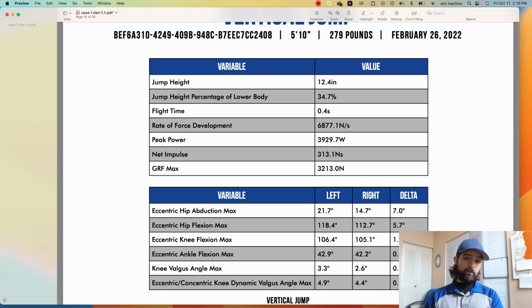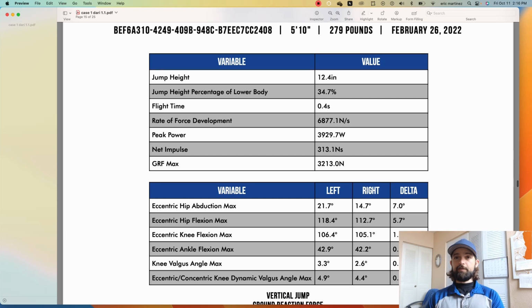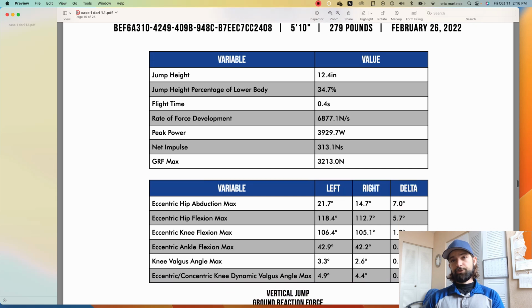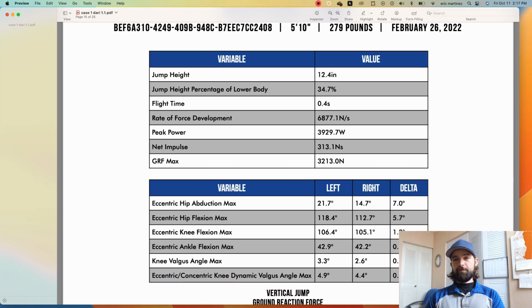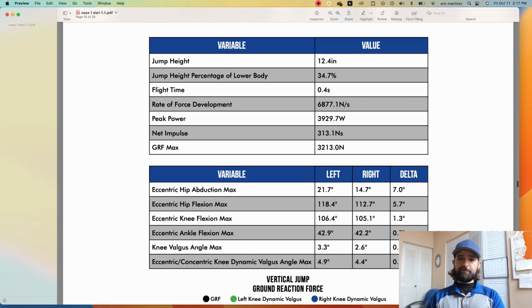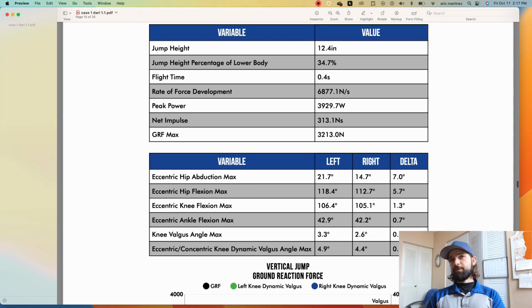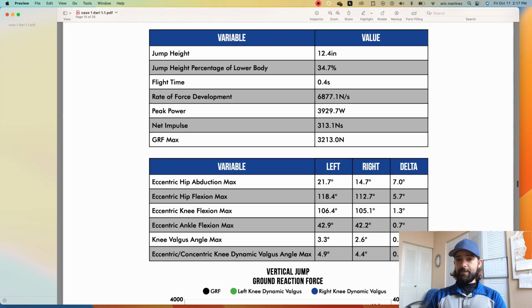So if we focus on the lower extremities, this is going to come along with it and be incorporated with it. So jump. Jump, we want to see again closer to 50. This is about average for someone that doesn't do much. 12 inches off the ground. Force production, this is all estimated based on weight and flight time.